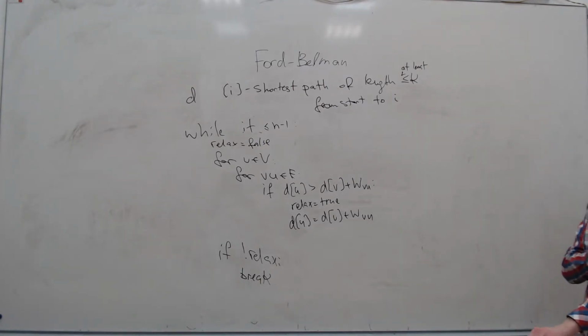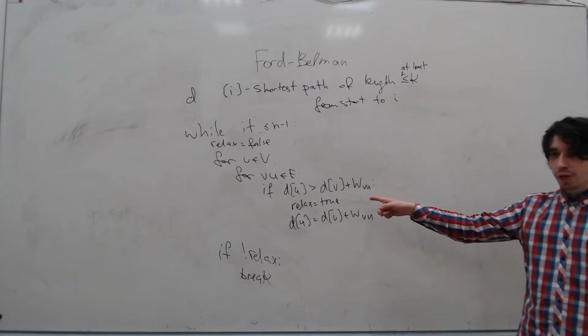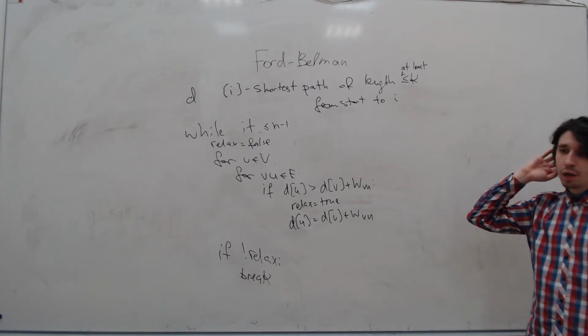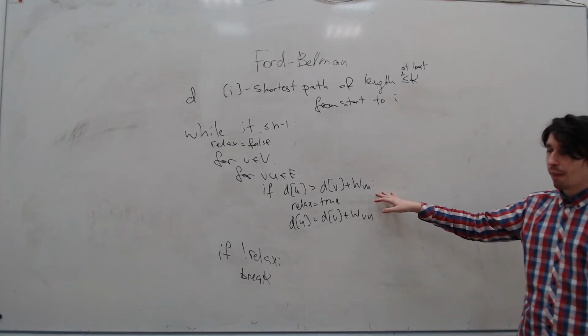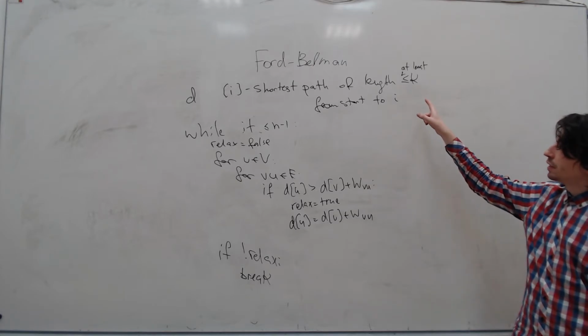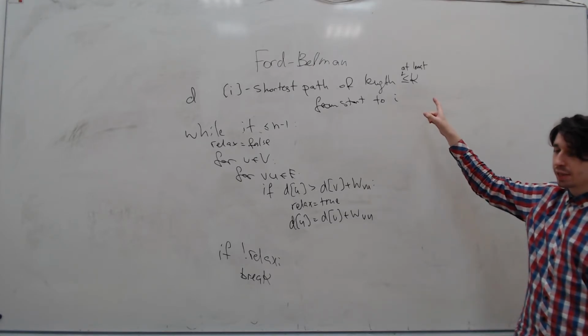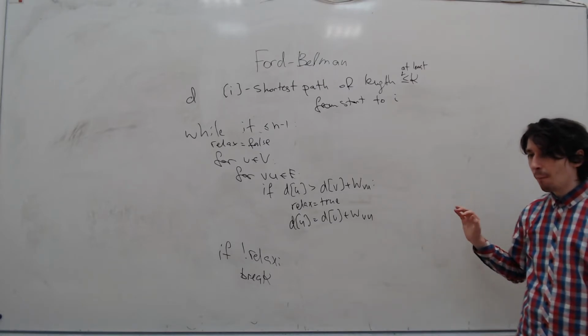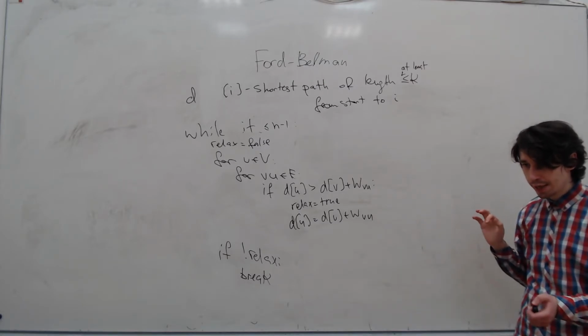So we just forget about one dimension of our dynamic programming, and we just calculate for each vertex the shortest path. Previously, in dynamic programming, we had the shortest path of length less than or equal to k. Right now, it can update more than k at the same time.